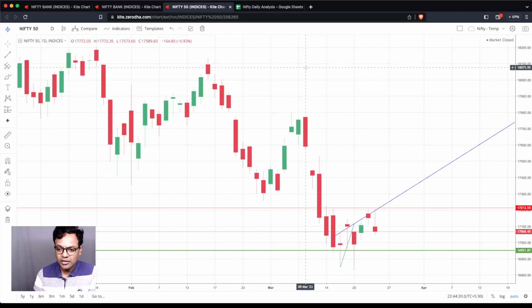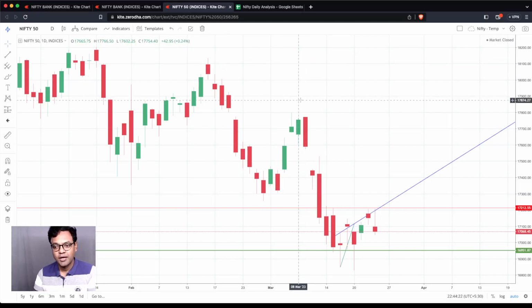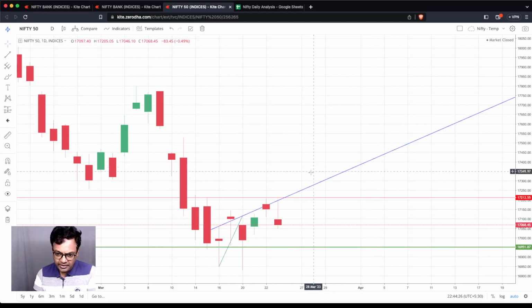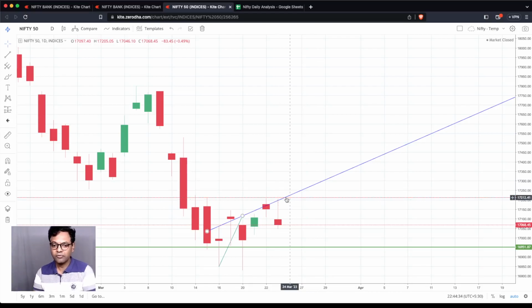So let us start with BankNifty. As you can see, the candle here for Bank Nifty is showing a very clear price rejection from the 17,220 level of resistance.